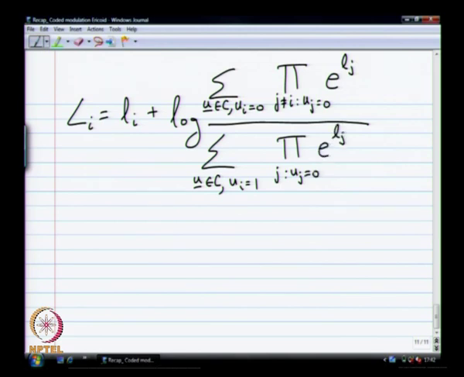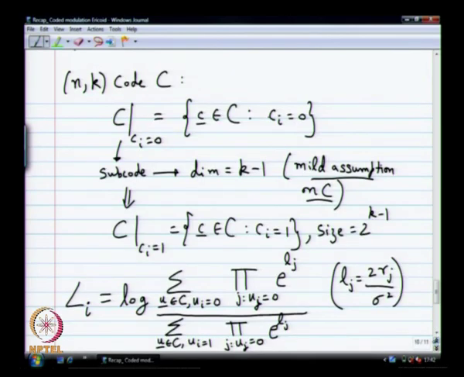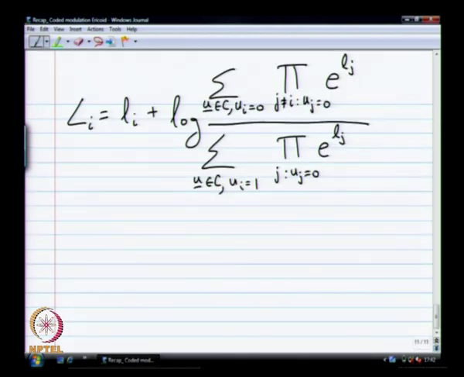Here I have just pulled out the Li. Previously, if j equals i, clearly ui will be 0, so e power Li will show up in each of the terms in the numerator. So I can pull it out and write it in this form. This is a very general form.